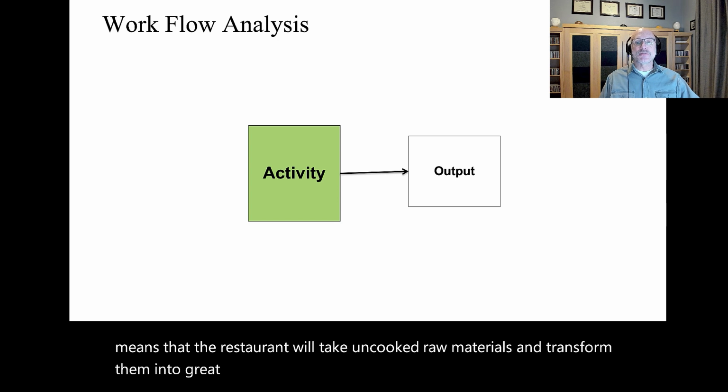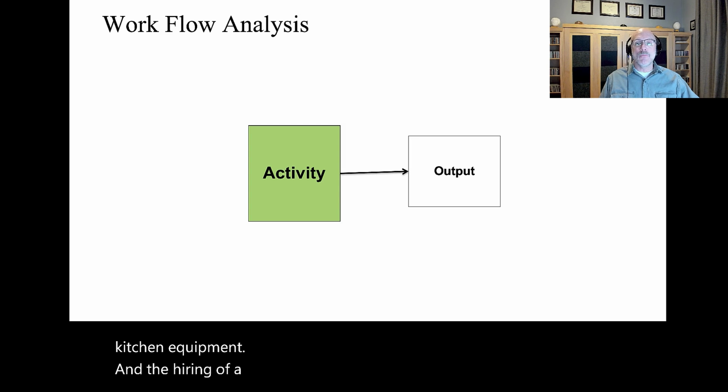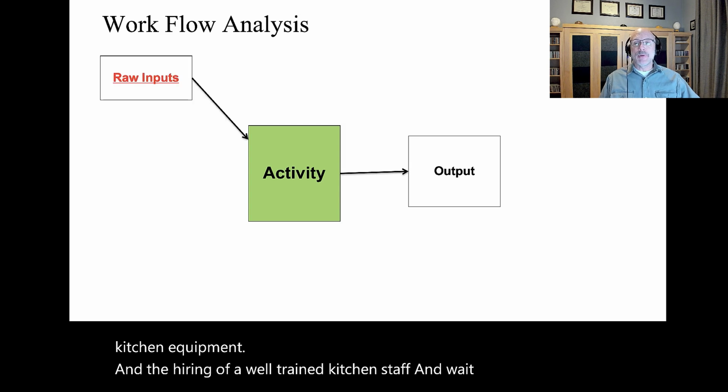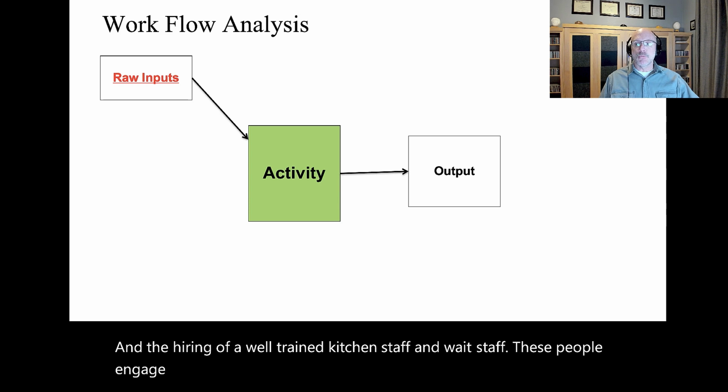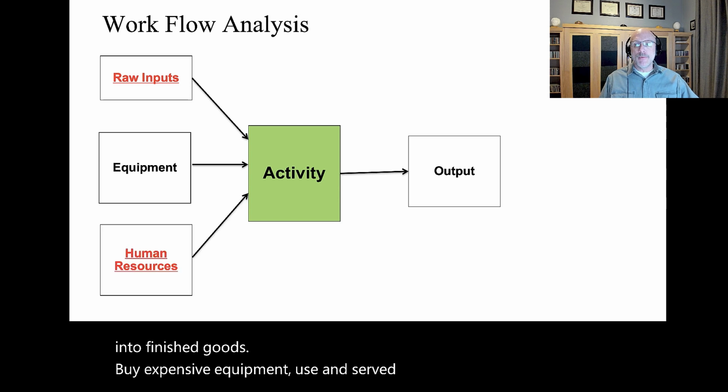This requires the use of some fairly expensive kitchen equipment and the hiring of a well-trained kitchen staff and wait staff. These people engage in activities designed to take raw materials that are transformed into finished goods, using expensive equipment, and served and cooked by human beings into something good to eat.